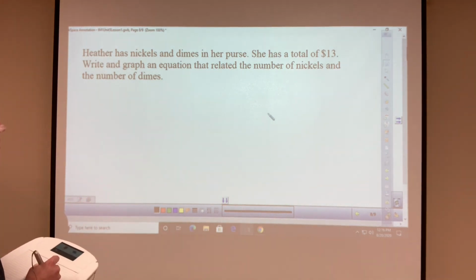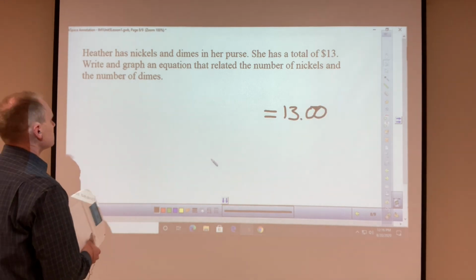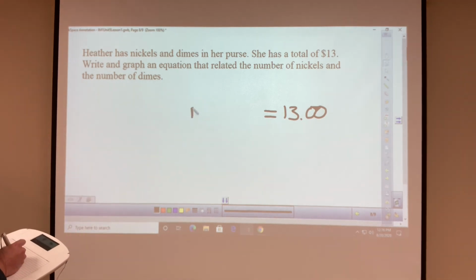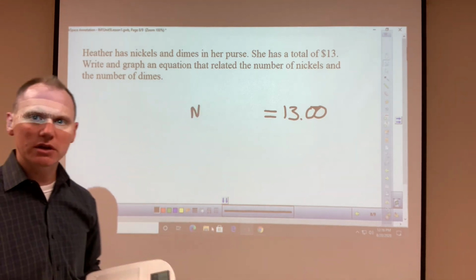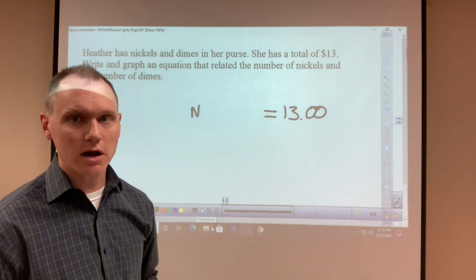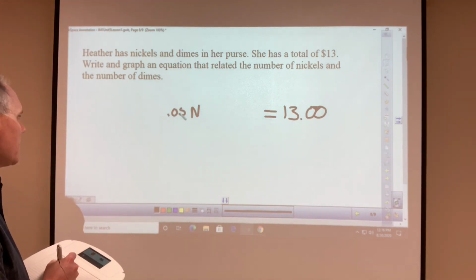So we know that the total amount that she has is $13. We don't know how many nickels, but let's say she has N nickels. How much is a nickel worth? It's 5 cents, right? In terms of a whole dollar, it'd be $0.05.